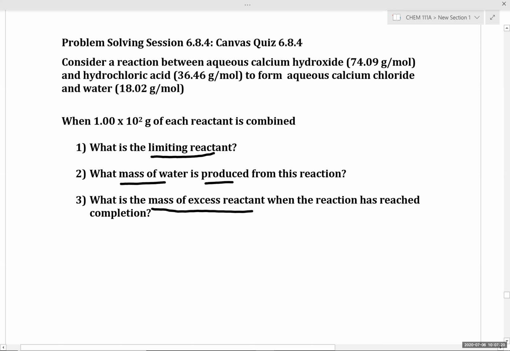And if you have any questions at all, don't be shy to unmute and ask your question verbally, ask your question in the chat, or submit any questions that you have via Canvas. And we'll discuss the balanced chemical equation in about another 2 to 3 minutes.